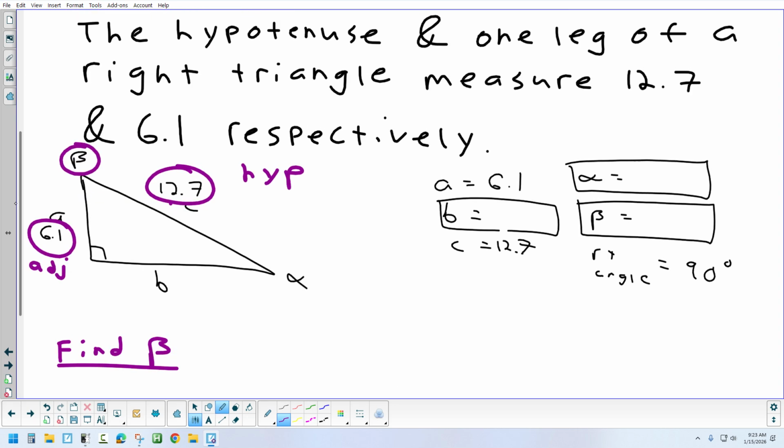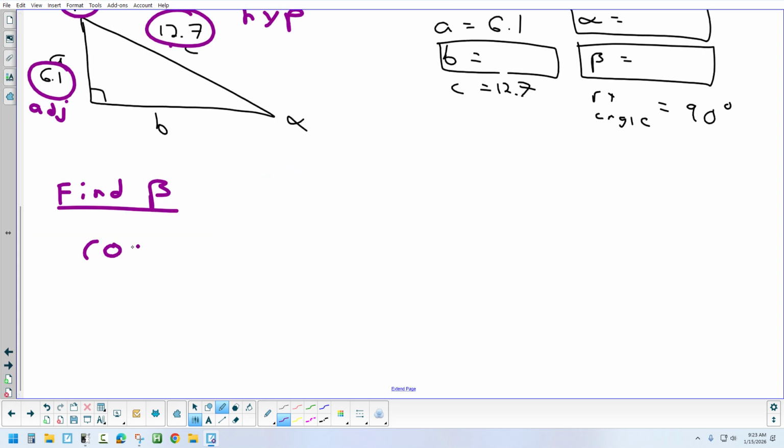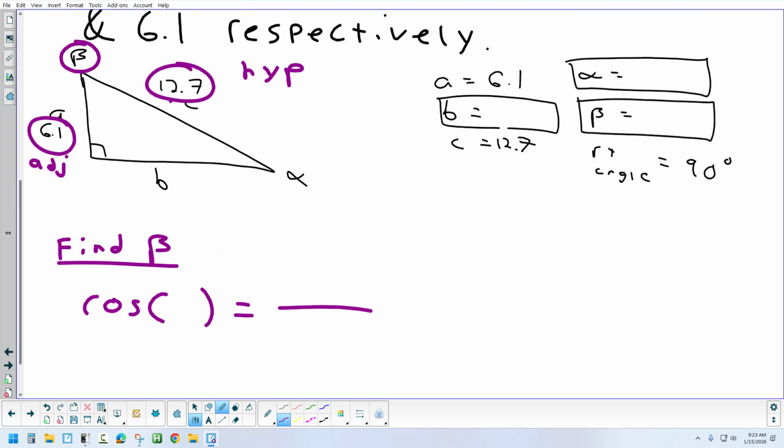And we're going to use cosine. Okay. What am I going to fill in for my angle? Can we use 90? Nope. Can't use 90. Beta.